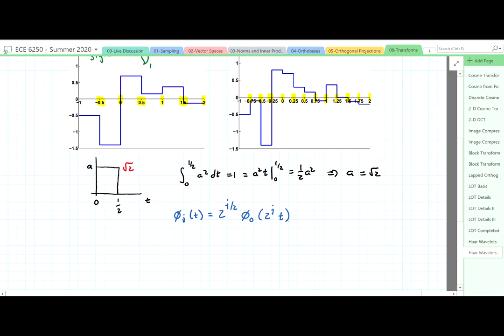So how do you make a function more compact? You multiply its independent variable by something larger than 1, and that's exactly what we're doing. So we are going to use this to build up a basis for Vj.